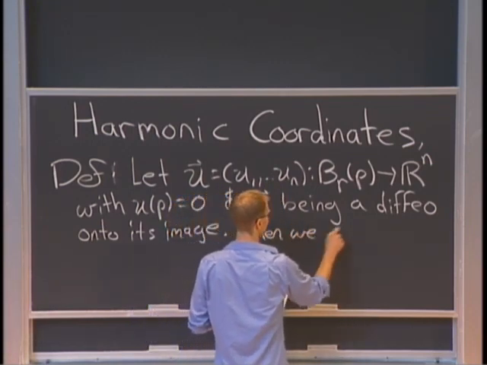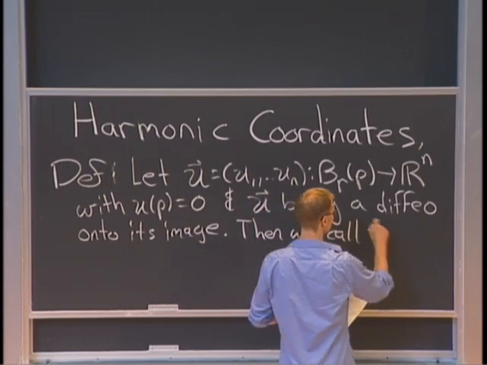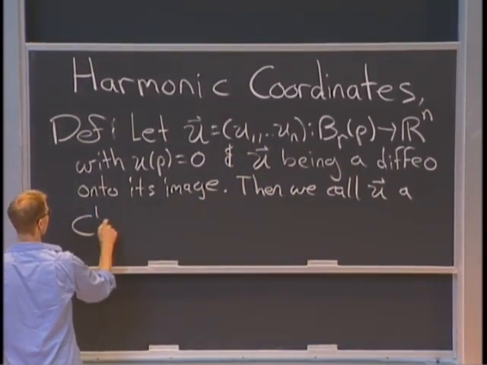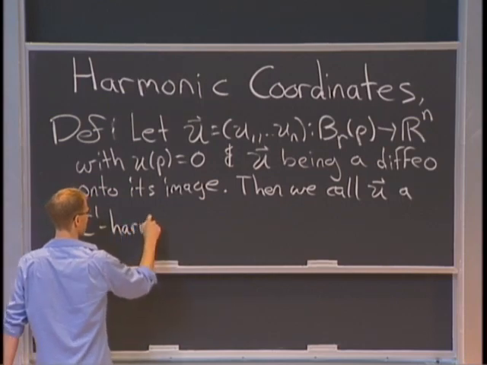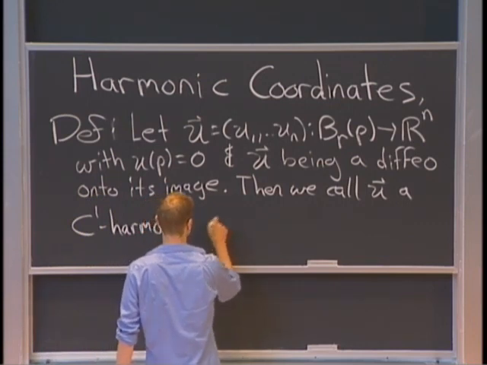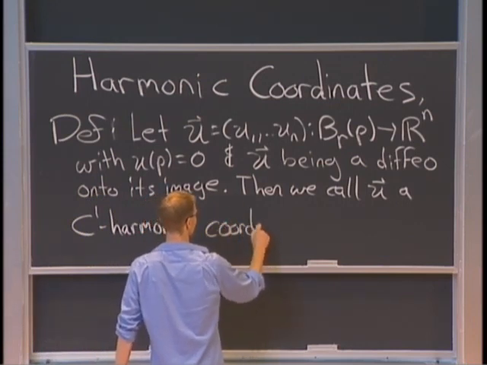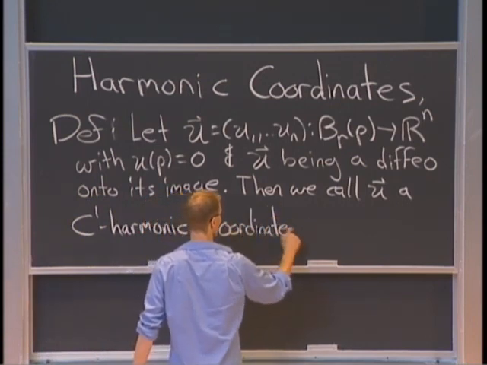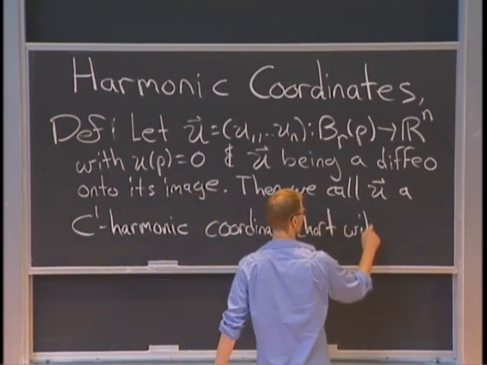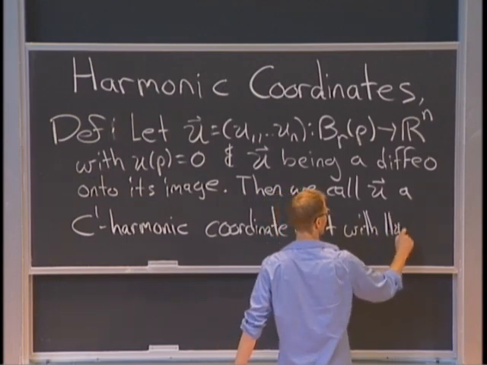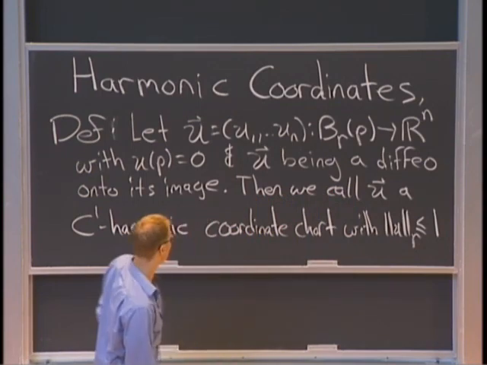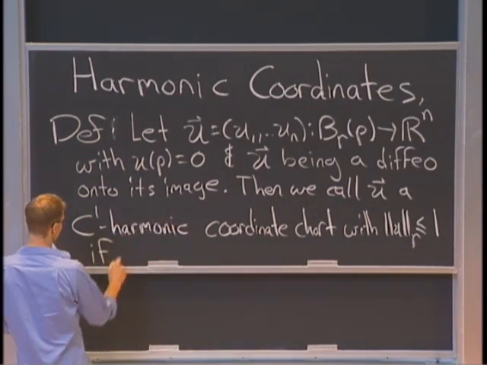Then we call u a C1 harmonic coordinate chart, with u sub r bounded above by 1, if the following hold.